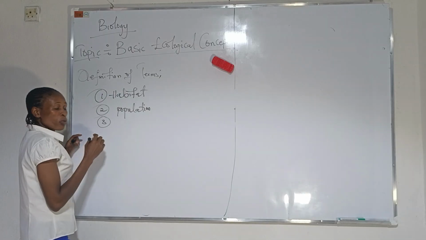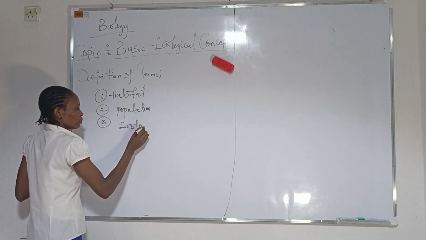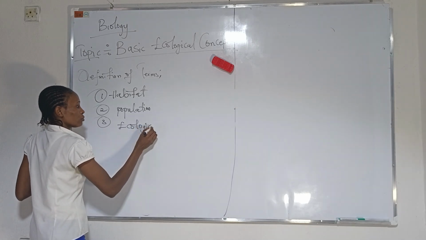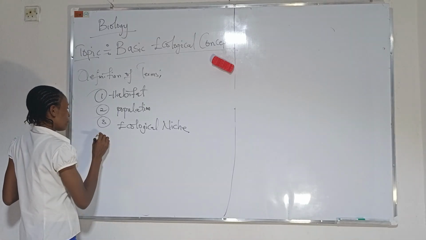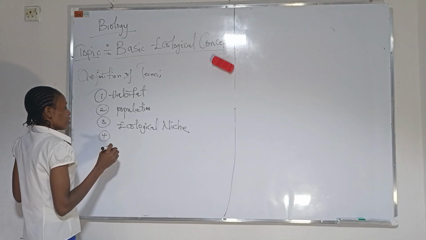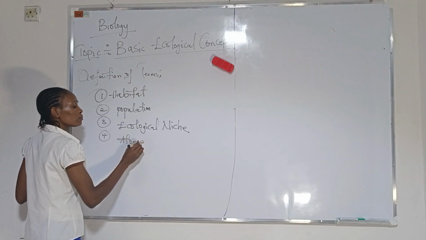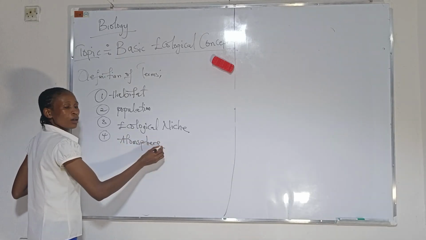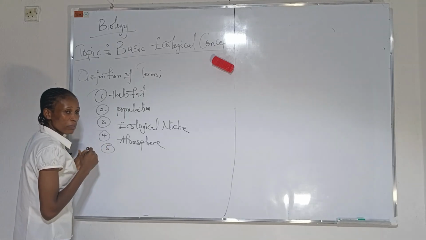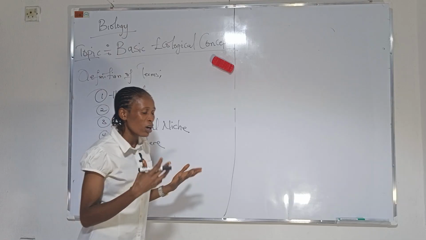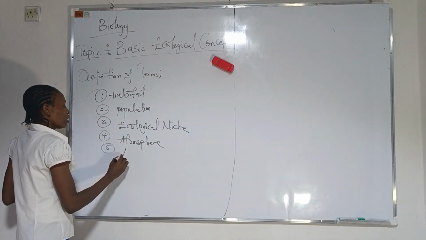Number three, ecological niche. Four, atmosphere. There are many of them. One thing you shouldn't forget about biology is that it's too broad. So we are going to take our time and talk about them one after the other.